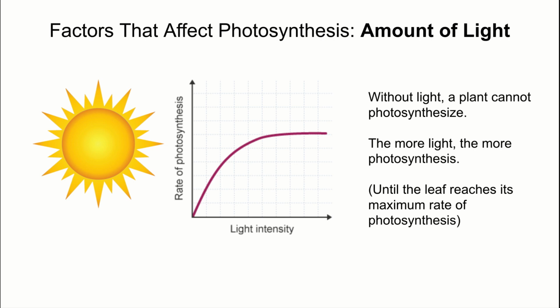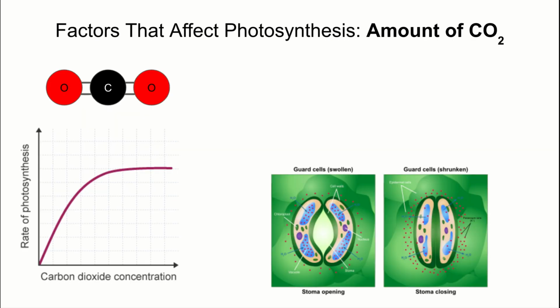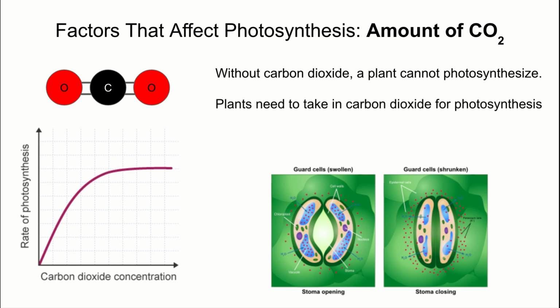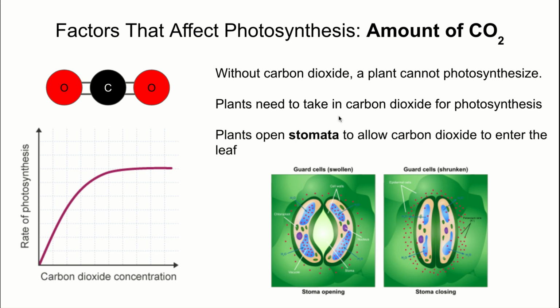What's another thing that affects photosynthesis and how fast it goes? Well, the other ingredients, the other reactants. For example, the amount of carbon dioxide, one of our reactants. Without carbon dioxide, a plant cannot photosynthesize. It's one of the 3 reactants. So plants need to take in carbon dioxide for photosynthesis constantly. How do plants get that carbon dioxide?